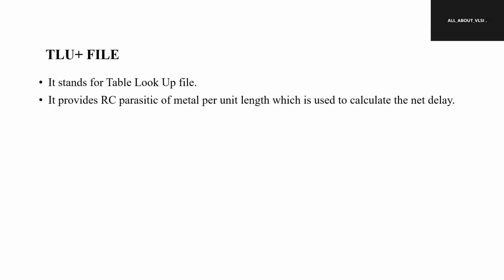Actually this file is used to calculate the delays. Actually, only after routing can we find the wire length, and depending on wire length we can find the delay information, right? But before routing also we can find the net delays by using this TLU+ file.